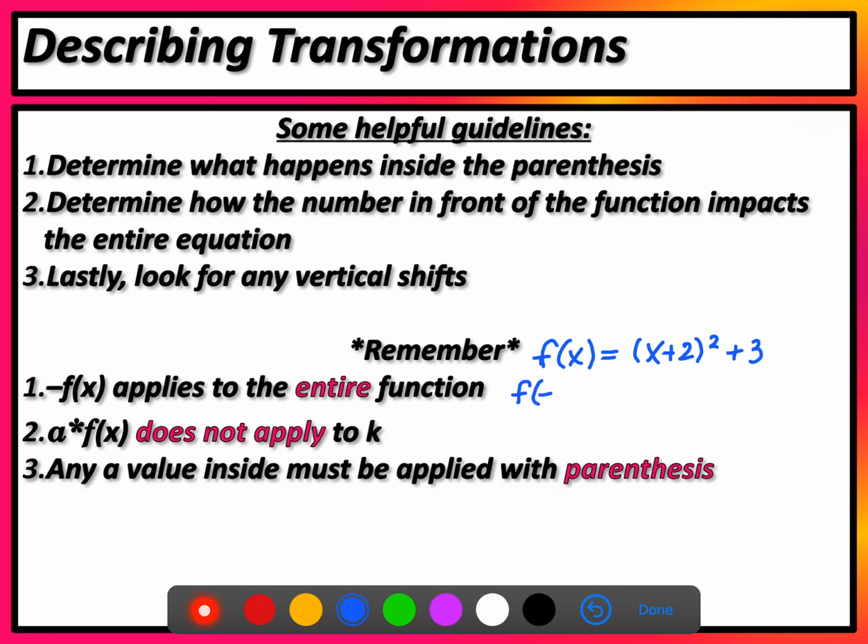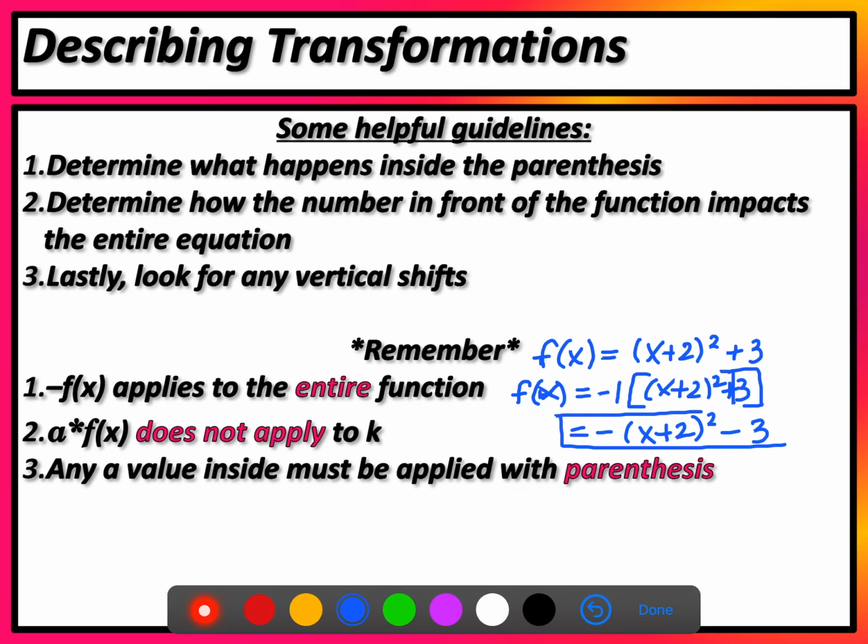That would mean the entire function has to get multiplied, brackets go around the whole thing. So really, after applying a negative, this would be my new function, because we have to reflect the entire thing over the x-axis.